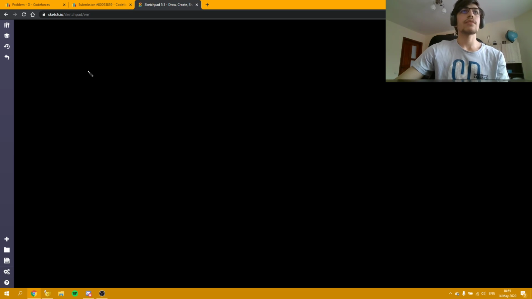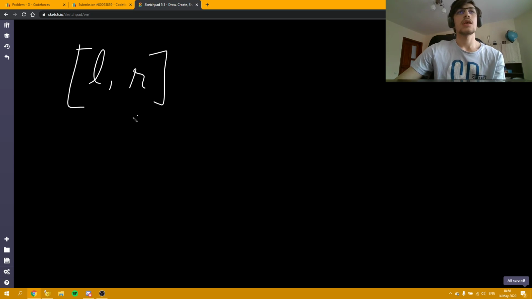Now let's say we have some range LR, and that range has only zeros. Let's assume that that range is the one with the maximum length. What will happen? We must assign the value to the middle position, and let's say the middle position is x.